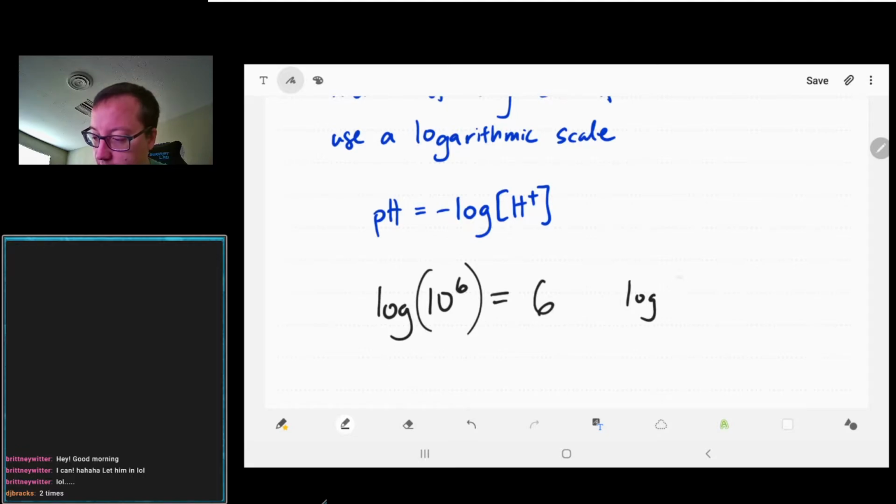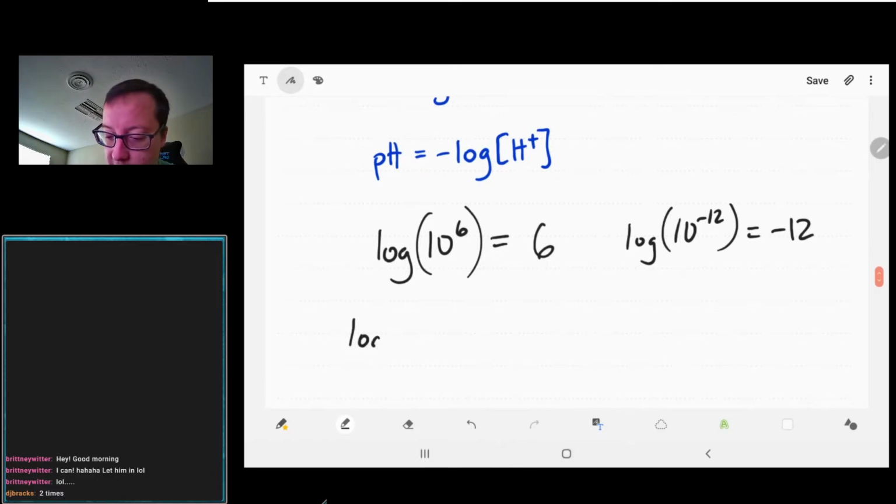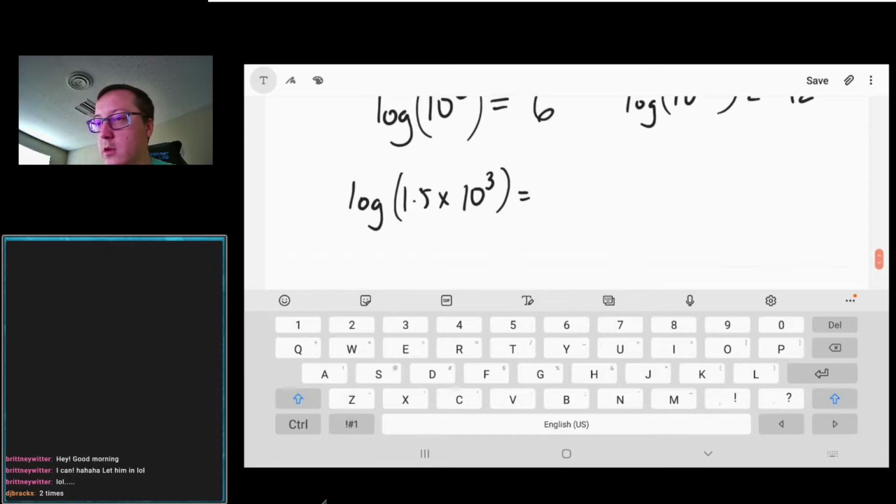For example, the log of 10 to the negative 12 would be negative 12. So we're just basically getting rid of this times 10 to the thing. Of course, if we have other stuff in here, we would have to use our calculator, or for me, Google. Log of 1.5 times 10 to the third.